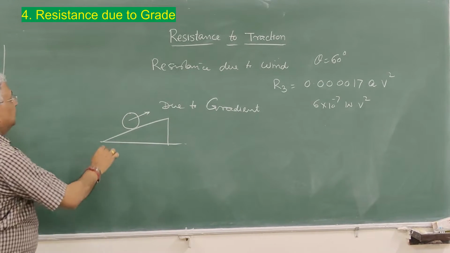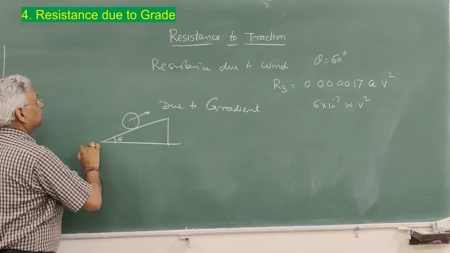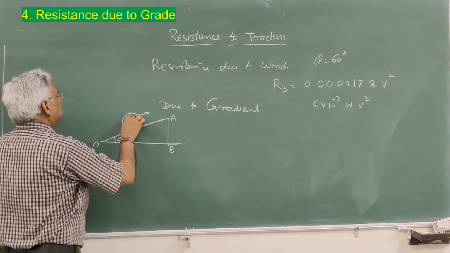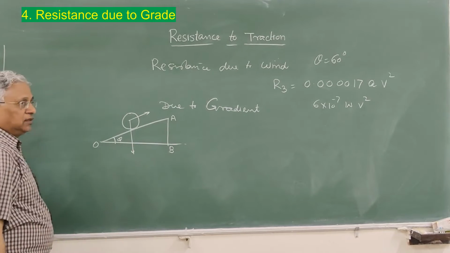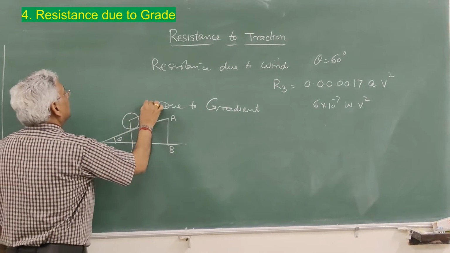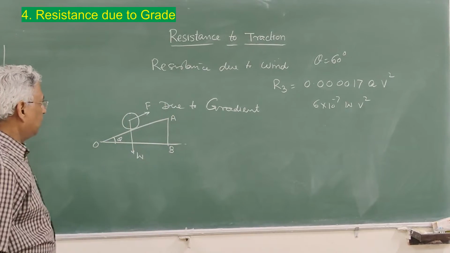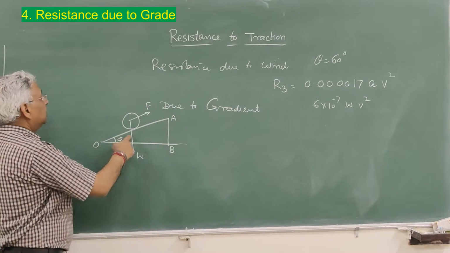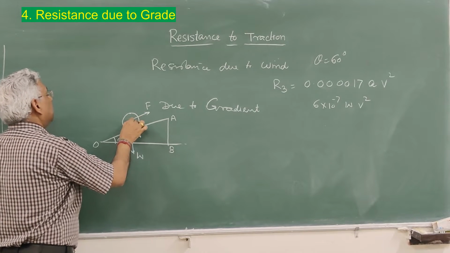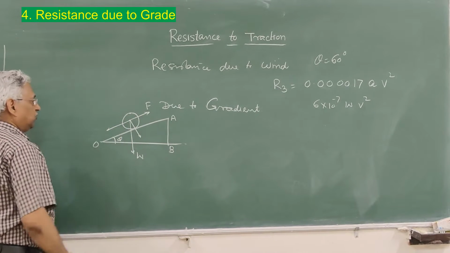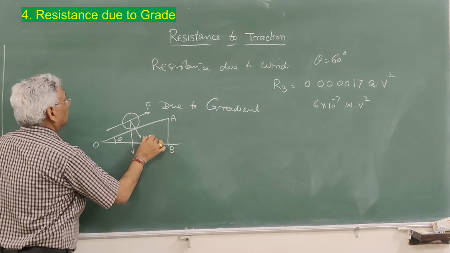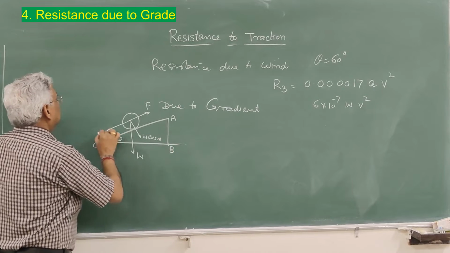Then let us say this angle is theta, O, A, B. The weight of the train acts downward, and this is, let's say, W, force applied by the engine in forward direction, and if you divide this into two components perpendicular to the track, that is W cos theta and W sin theta.